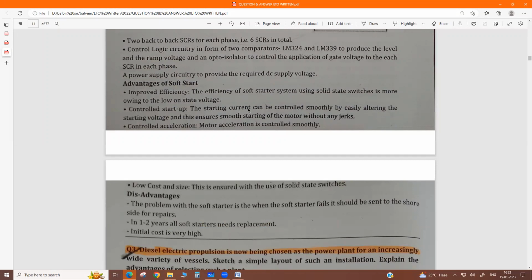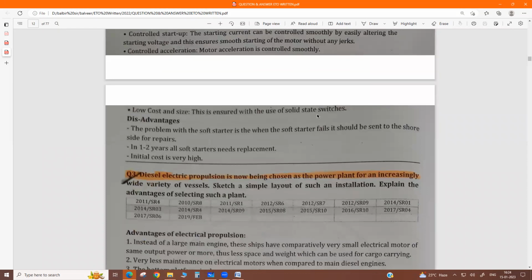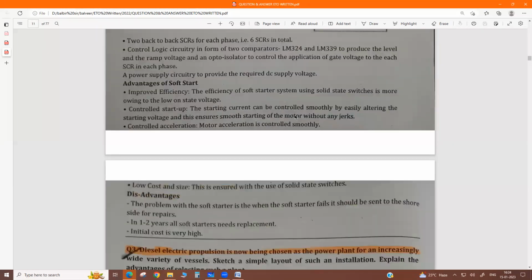Controlled startup, current can be controlled smoothly. Altering the starting voltage ensures smooth starting of the motor, no jerk. It controls acceleration of the motor smoothly. Low cost, and you can write that speed control will also be possible.